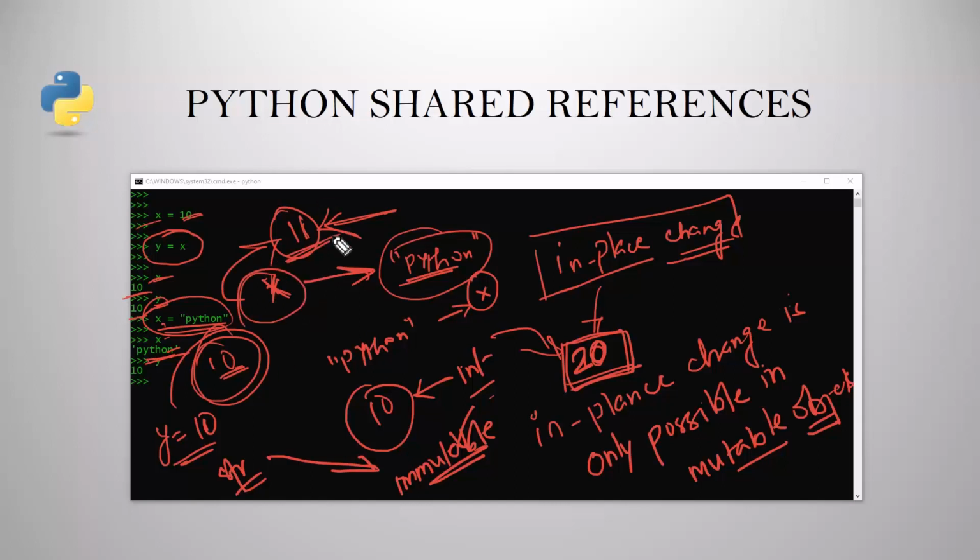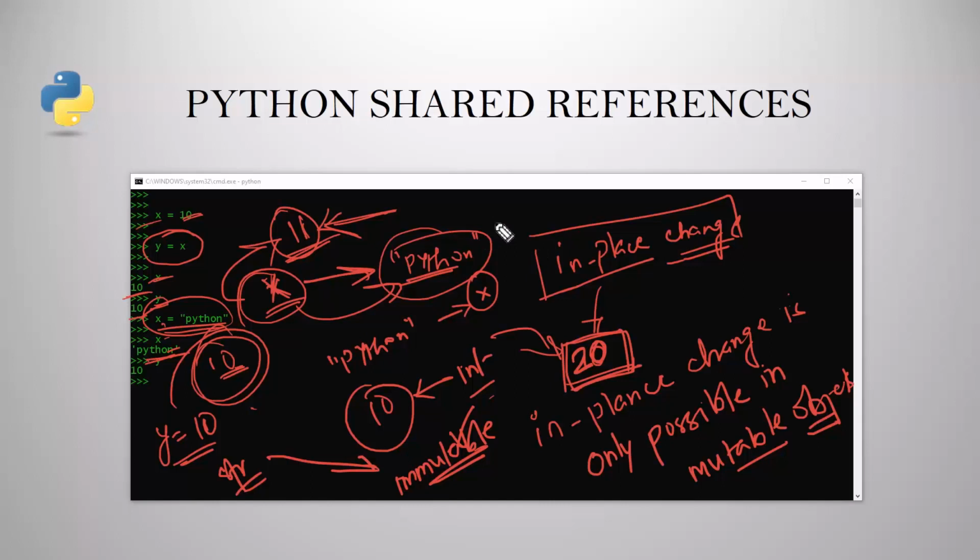One might think this behavior occurs only when there is a type change, like you have seen that here we changed from an integer to a string. But that is not the case.